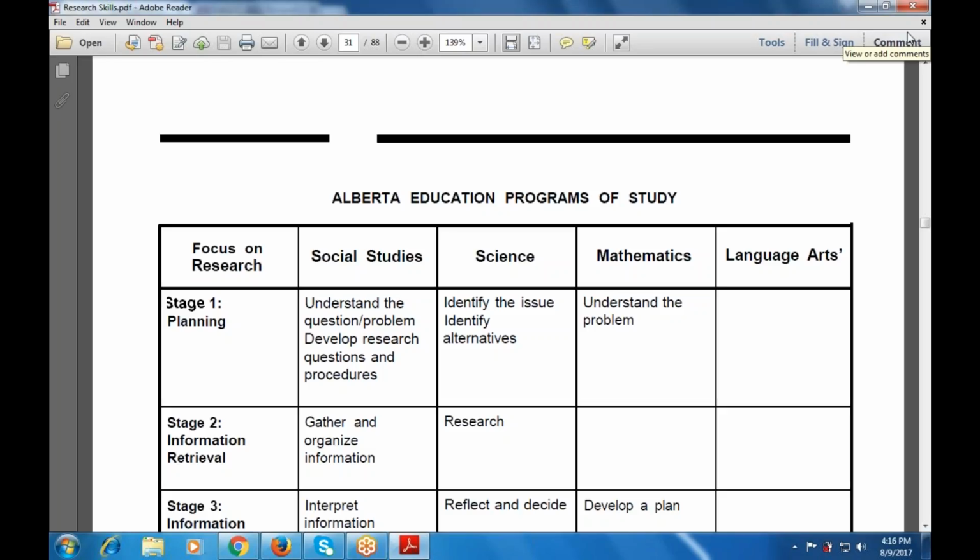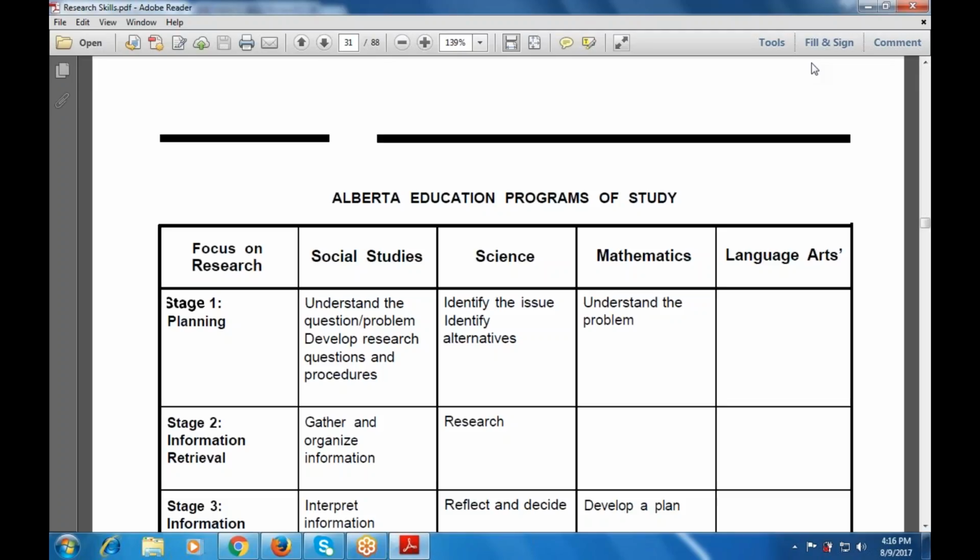Identify the issue, identify alternatives, identify the problem, understand the alternatives. These all come into the planning. So plan out what is to be done, why it is to be done, and to whom it is done.